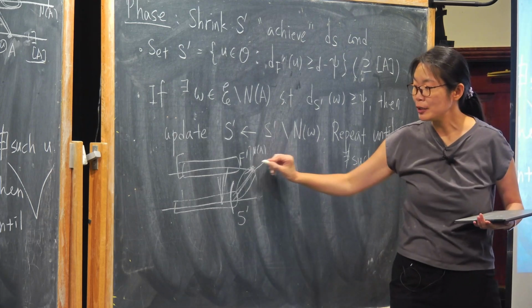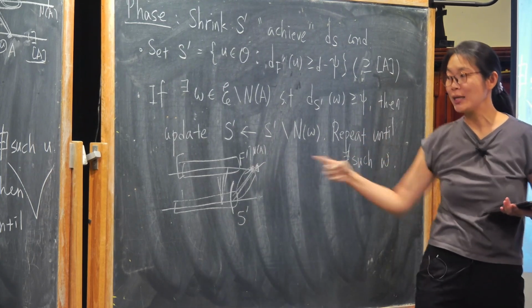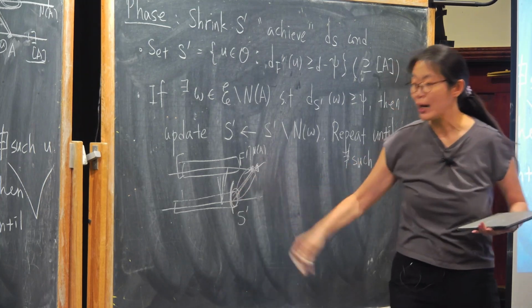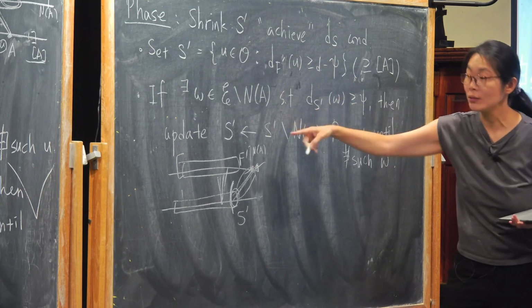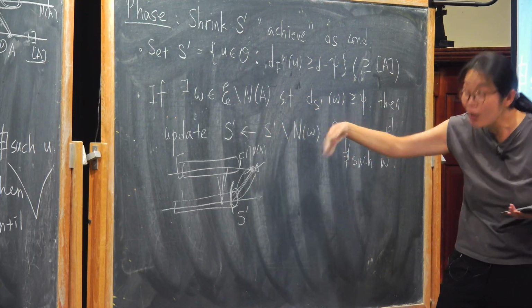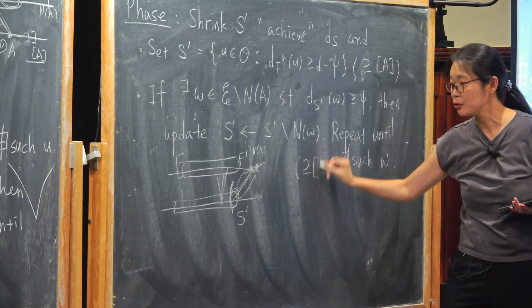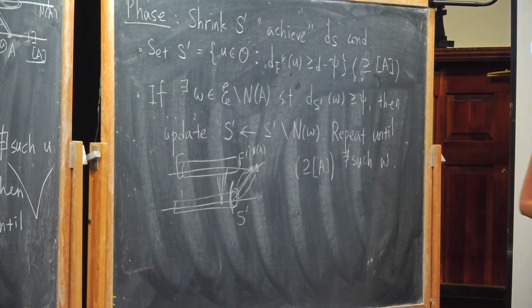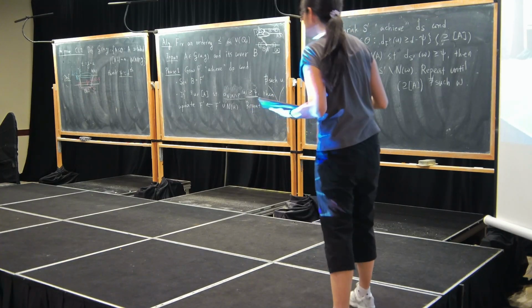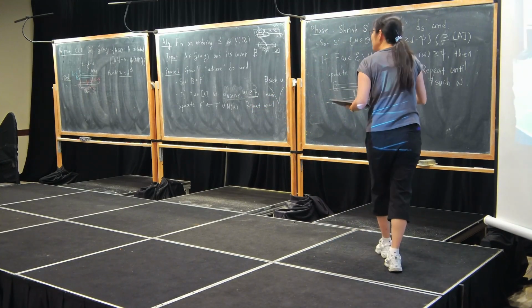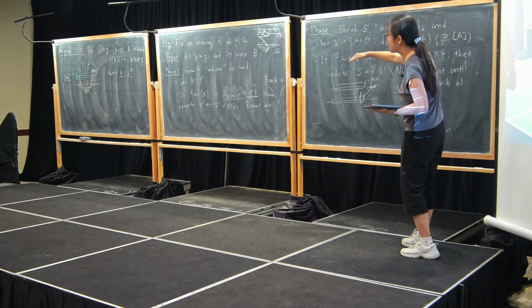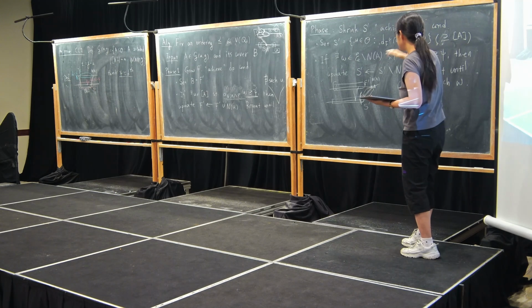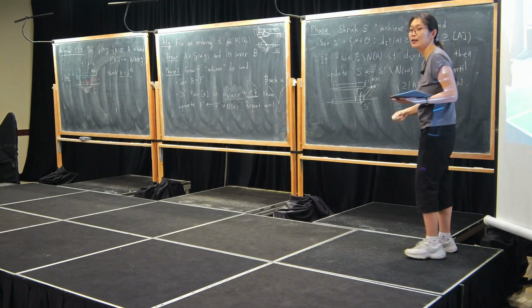And because this vertex is chosen outside of the neighborhood of A, those vertices are outside of the closure of A. So we still maintain that the evolving set S prime contains the neighborhood of A. So again, what we do is to make the degree condition satisfied, while F prime is contained in the neighborhood of A, and S prime contains the closure of A.